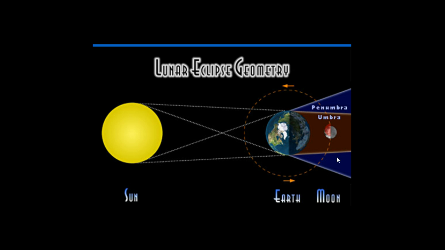Also write that the penumbra is a zone where the Earth blocks part, but not all, of the sun's rays from reaching the moon. That becomes important because what you see is completely different if you're standing on the Earth looking at the moon in the umbra rather than in the penumbra.